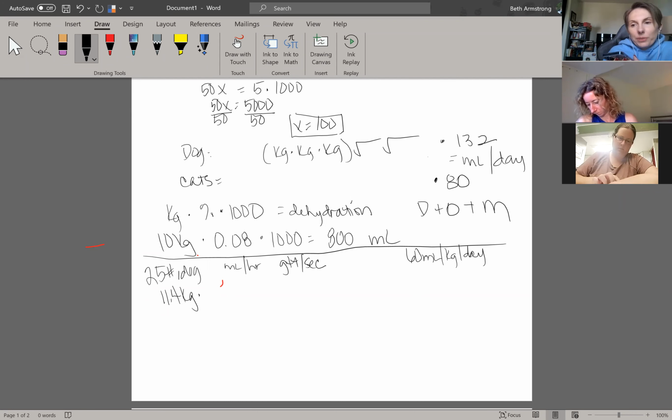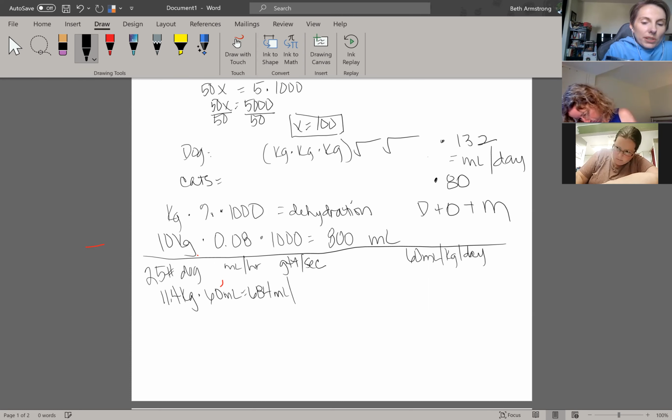So now what do we do? 11.4 kg times 60 is 684 mils per day. Wonderful.